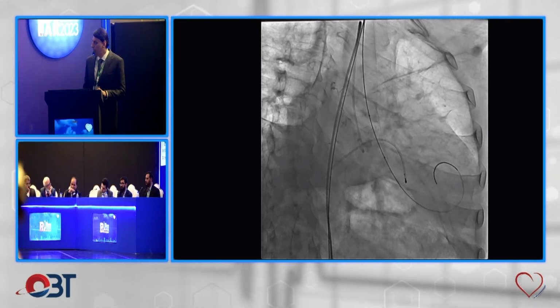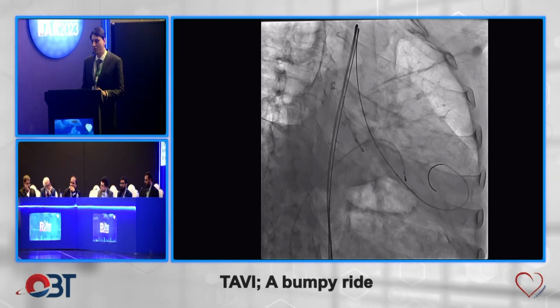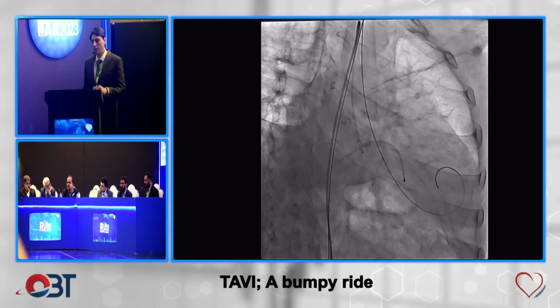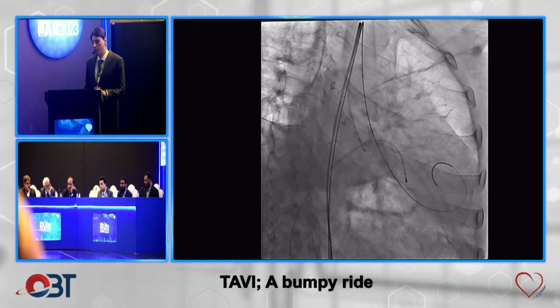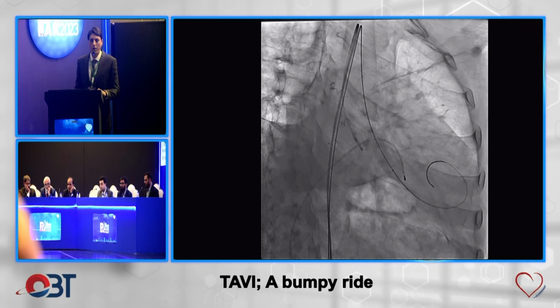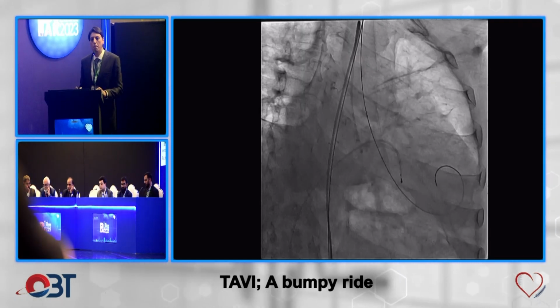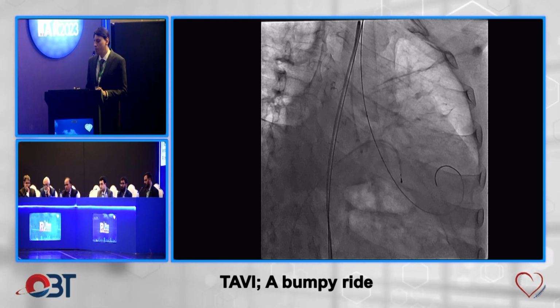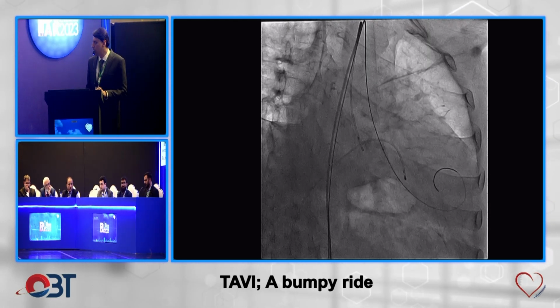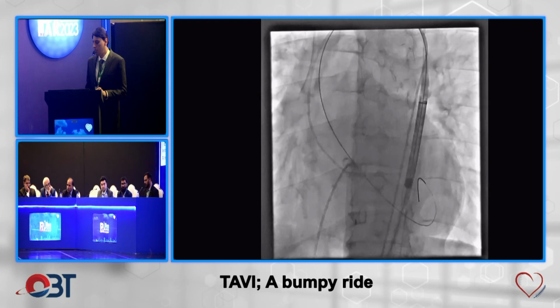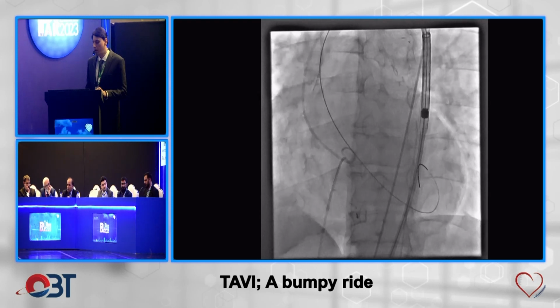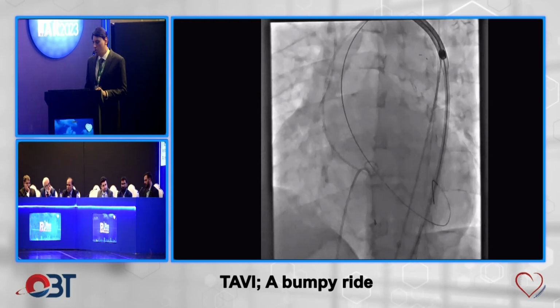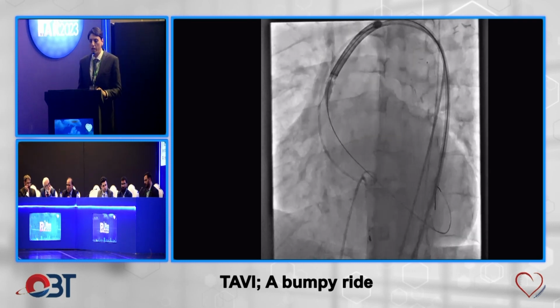We upgraded our balloon to the 25 mm balloon because we weren't satisfied with the previous result. We were afraid that our valve might pop up. So we know that we would be increasing the risk of stroke, but we decided on dilating our valve with the 25 balloon.